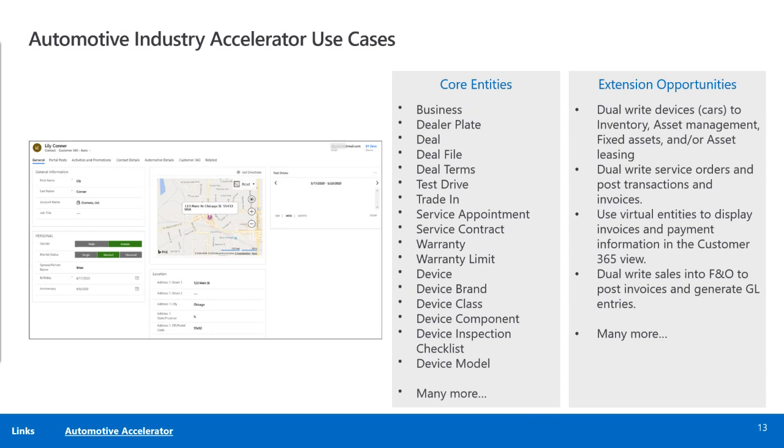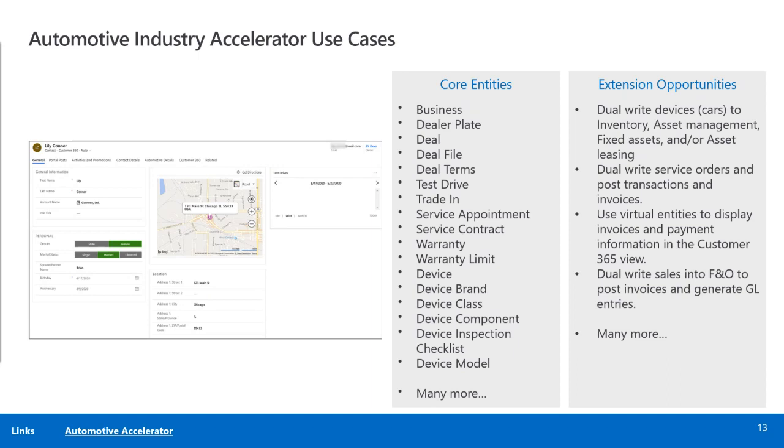Some things that you might do to extend and use the Automotive Industry Accelerator with finance and operations include starting out with dual writing your devices, like cars, for example, over to your inventory. You might also link those over to asset management, and there's integration out of the box with the accelerator with field service as well.